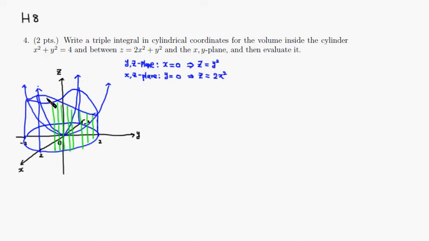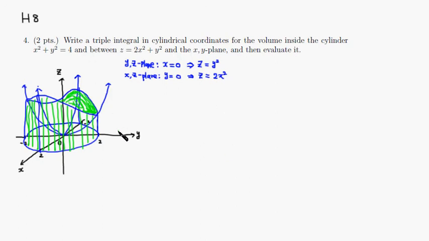Then since this is an elliptic paraboloid, I don't think it's going to be straight there, so it's going to look kind of curved, but I'll do my best to shade it. Anyway, this is the solid.